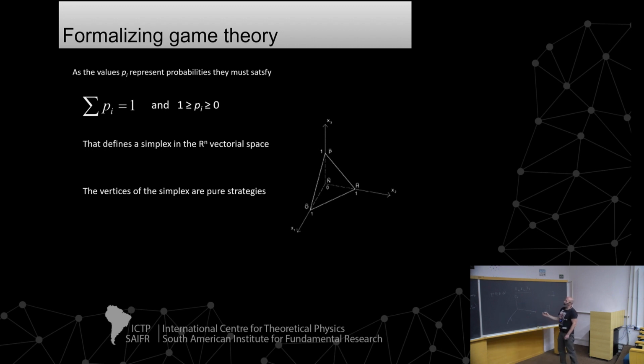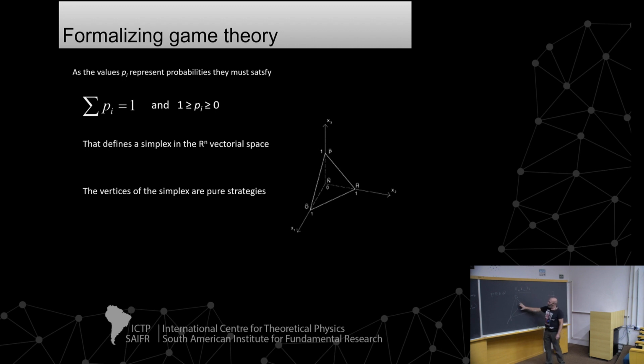As P should always be positive, there will be no points here or here or here. There will be only points here where these values can be positive. But I also have another constraint, that the sum of Pi should be equal to 1. This gives me a set of points on the face of this tetrahedron, not inside, but only this face.